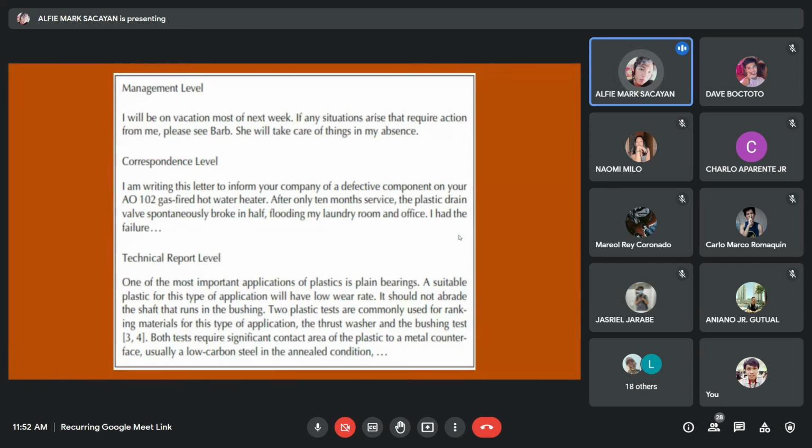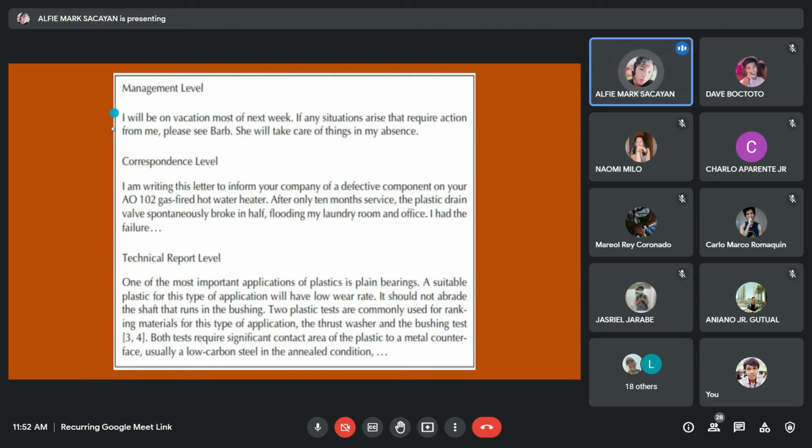So this time, i-present diri kung management level lang, so mubo lang ang explanation kung para lang sa management, mubo lang ang detail of writing. This one, I will be on vacation, somewhat lang din explain niya, vacation siya. If any situation arises that requires action from me, please see Barb. She will take care of things in my absence.